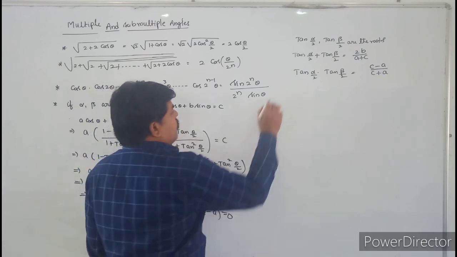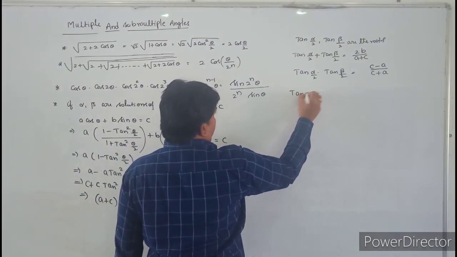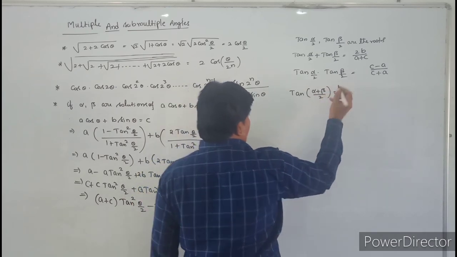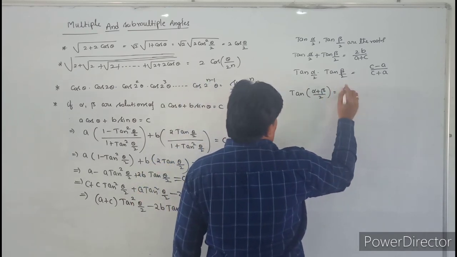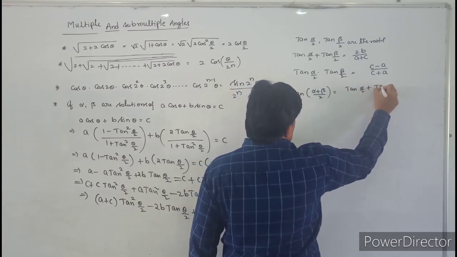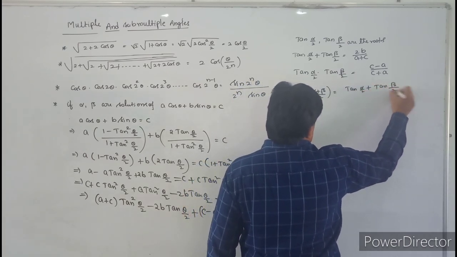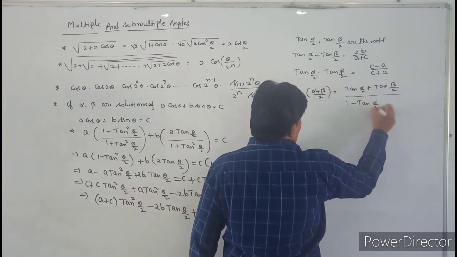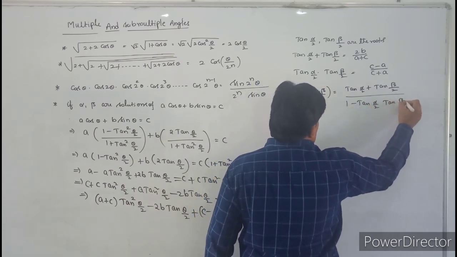And also you can calculate this formula, tan of alpha plus beta by 2. The formula is nothing but tan a plus tan b by 1 minus tan a tan b.